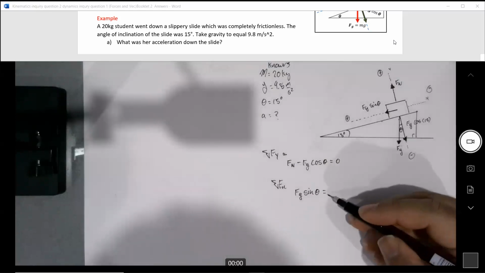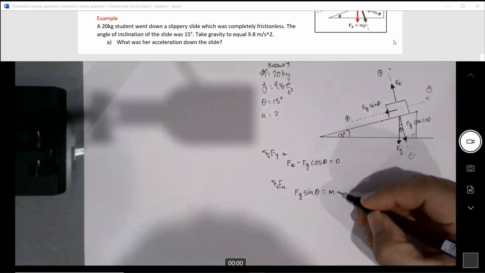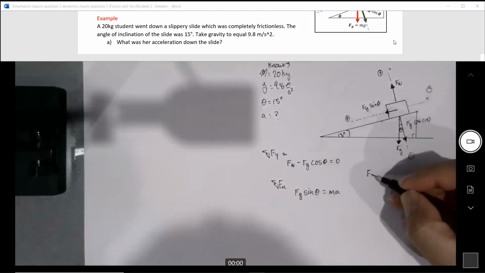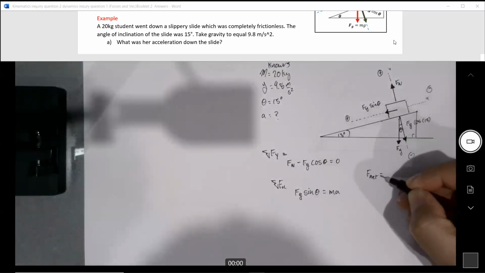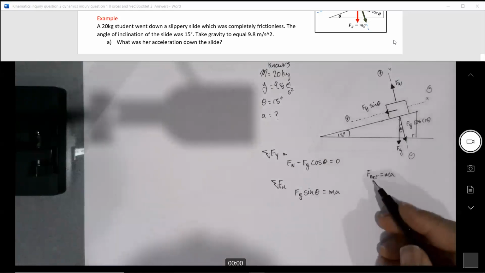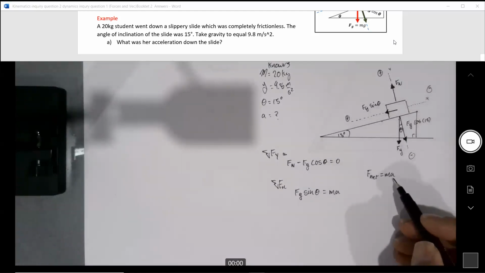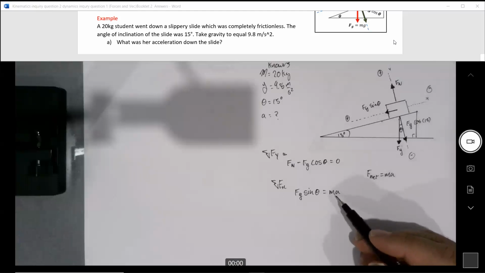We're expecting there's going to be motion, so we can use Newton's second law and say that there's going to be some kind of net force. Right? So remember, F net is equal to ma. So that's all I've done. Rather than write F net there, I've just assumed that the net force is happening. So therefore, I can define it in terms of this part of the equation.